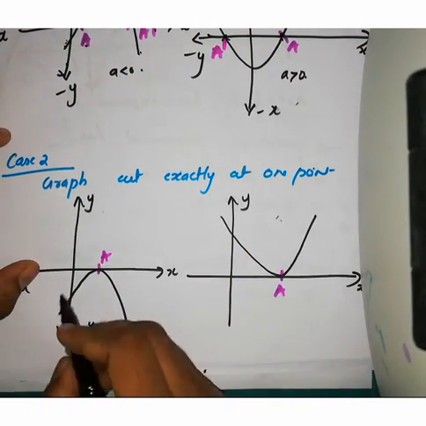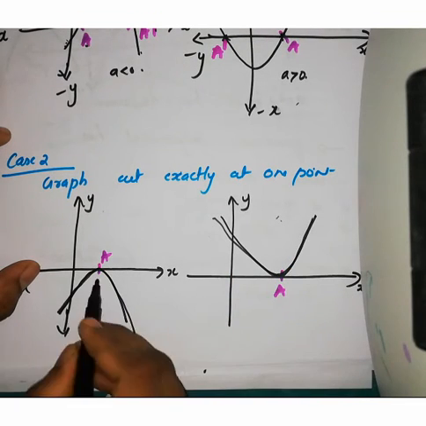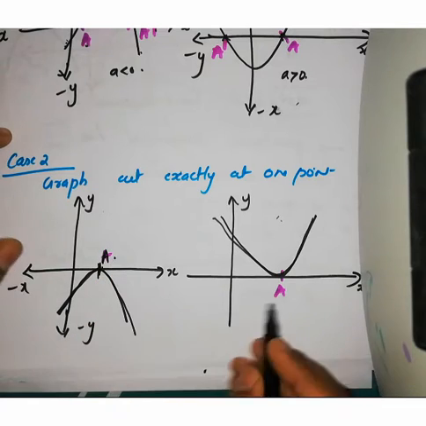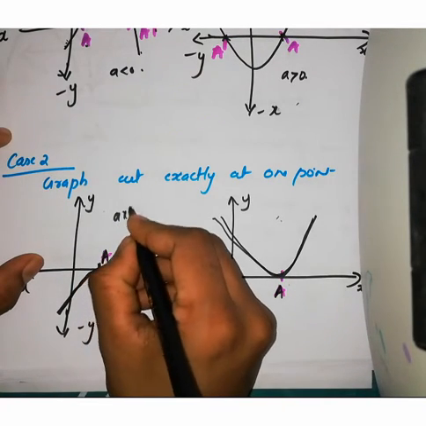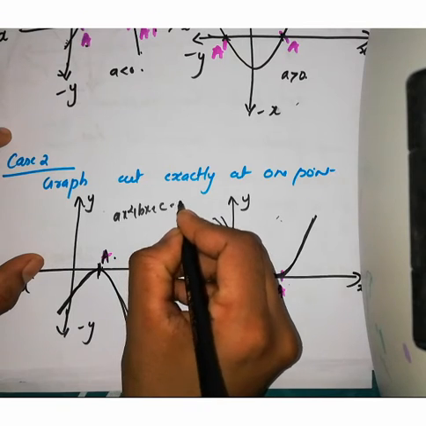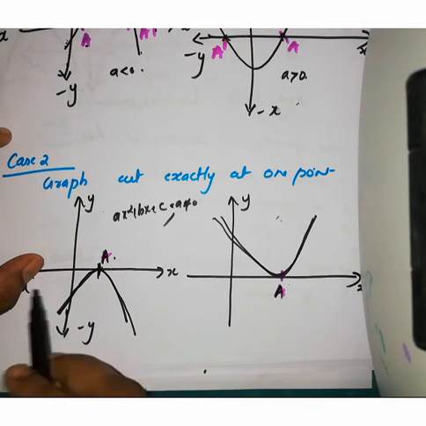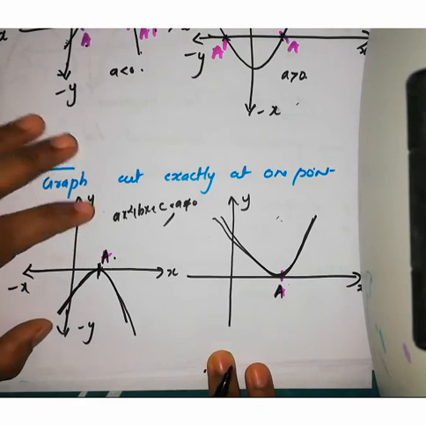And the next case, the graph cuts exactly at one point. Suppose our graph is like this and like this. That means it touches the x-axis only at one point. Clear? So this is ax square plus bx plus c also, where a is not equal to 0. This is a graph, a parabola. This is the geometrical representation of any quadratic polynomial.